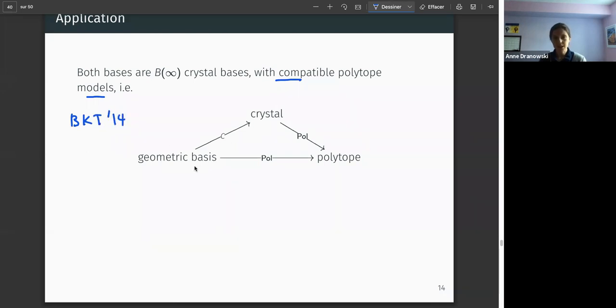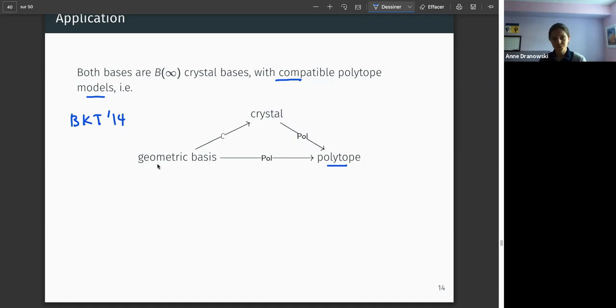And what that means is, I have my geometric basis that relies on some geometric construction, and it has some nice combinatorial structure. That combinatorial structure is an abstract structure, but can be modeled concretely on polytopes.